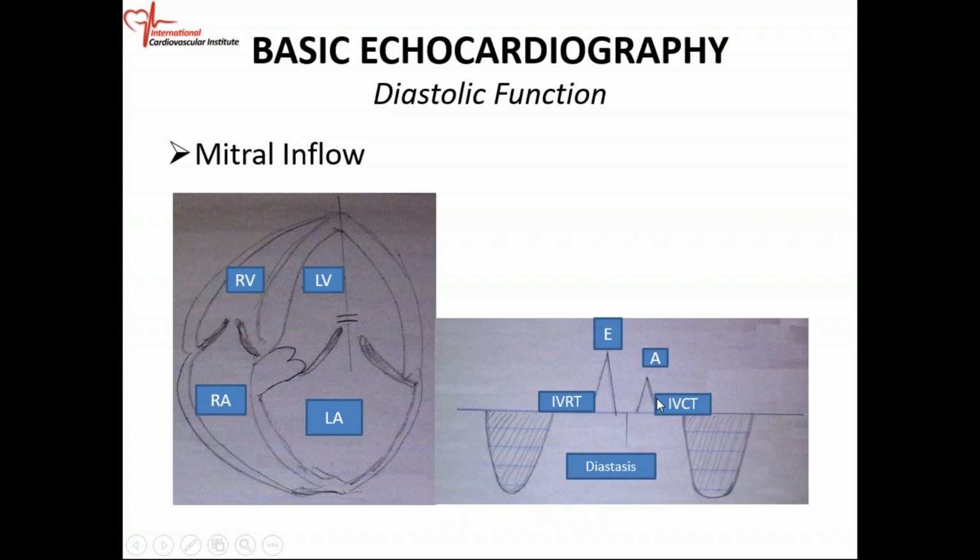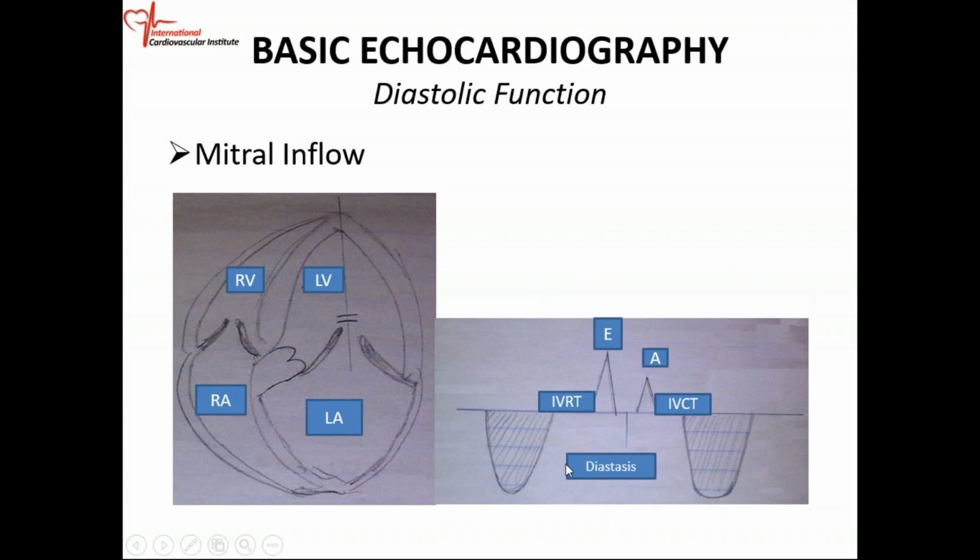At the end of your A velocity, the mitral valve closes right here. The aortic valve is not yet open. This period of time is what you call your IVCT, isovolumic contraction time. Then at the end of your IVCT, the aortic valve opens and then you have flow across the left ventricular outflow tract.